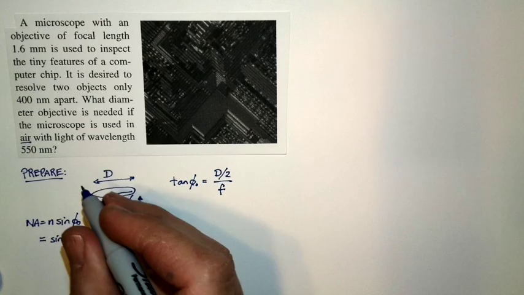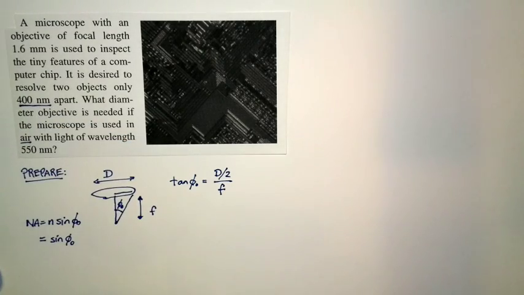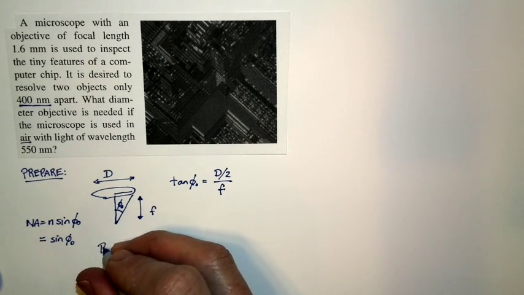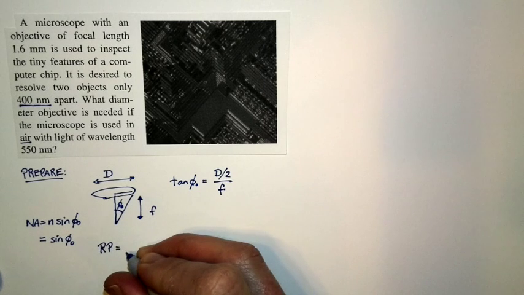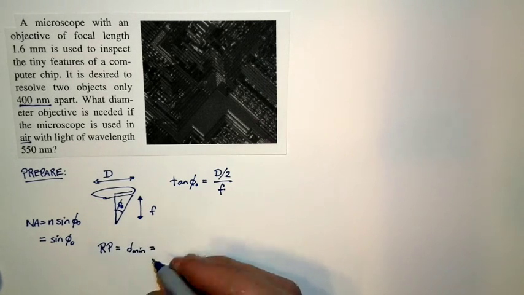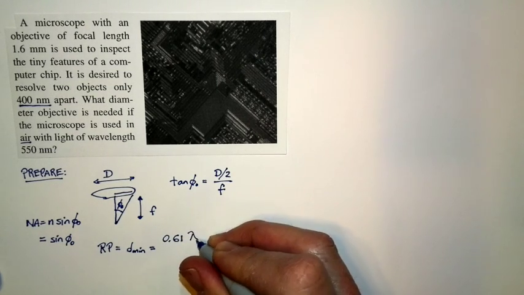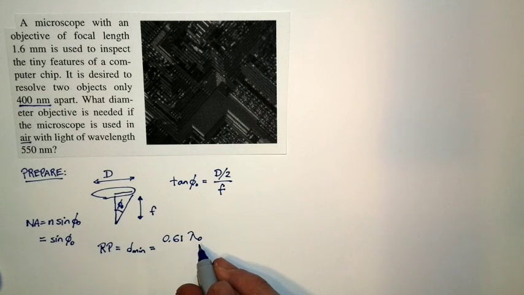But the problem asks about the resolving power. We have to resolve two objects 400 nanometers apart, and the book tells us this, okay? The resolving power of a microscope, which is defined as the minimum distance between two objects that can be resolved, is equal to 0.61 times the wavelength of light being used, and it's lambda 0 because it's the wavelength in vacuum.